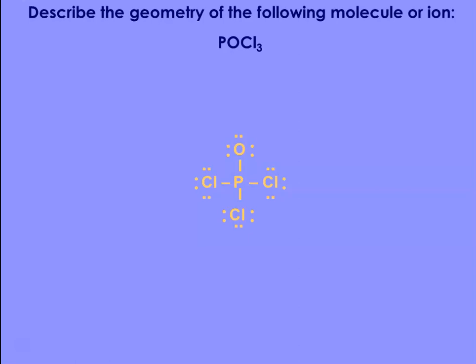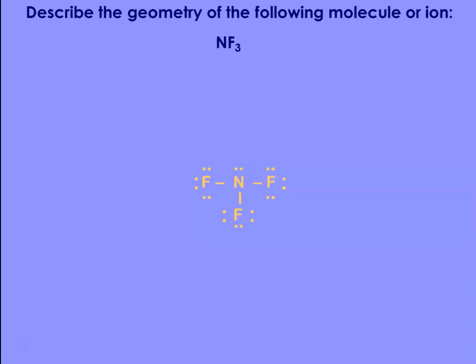They're all being shared. And so when you have those 4 areas, that would be classified as tetrahedral. With NF3, we have 3 shared areas around the central atom and 1 lone electron pair. That 1 lone electron pair is going to distort our geometry a little. And so instead of being tetrahedral, now we're going to be trigonal pyramidal.